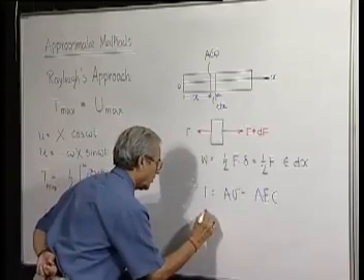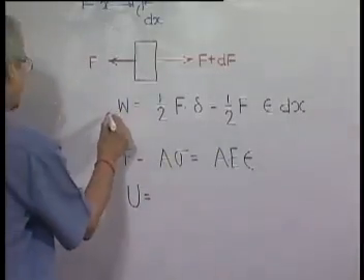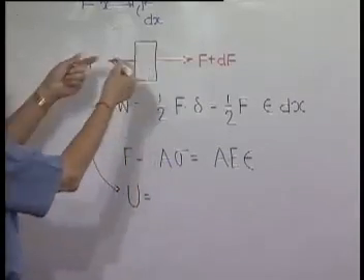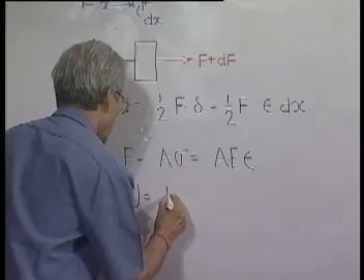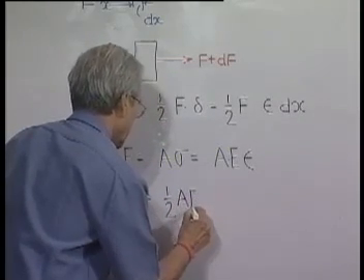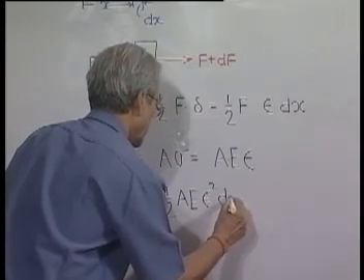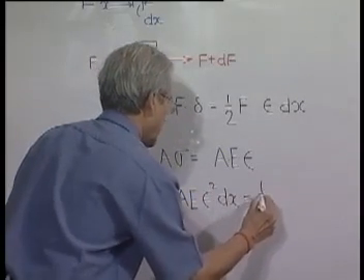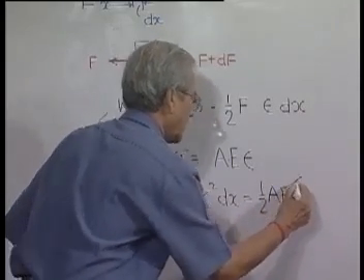So the work done, or the energy, whatever you may say, is nothing but the energy stored in the object in the form of strain energy. It is nothing but half A E into epsilon square dx.